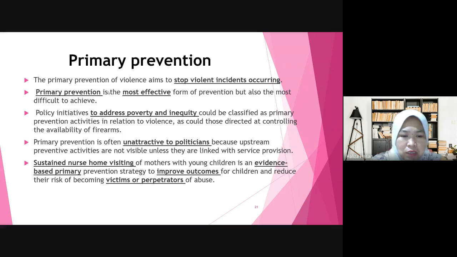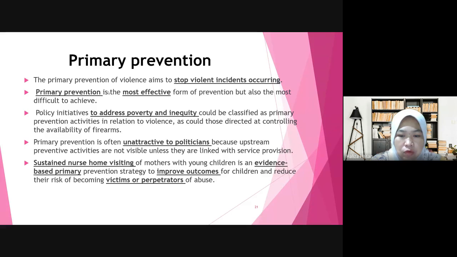Especially unattractive to politicians because it does not give impact to the politician. So that's why they are not attracted to this activity.